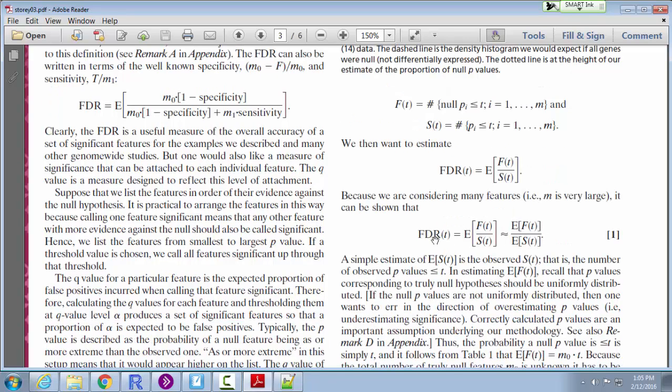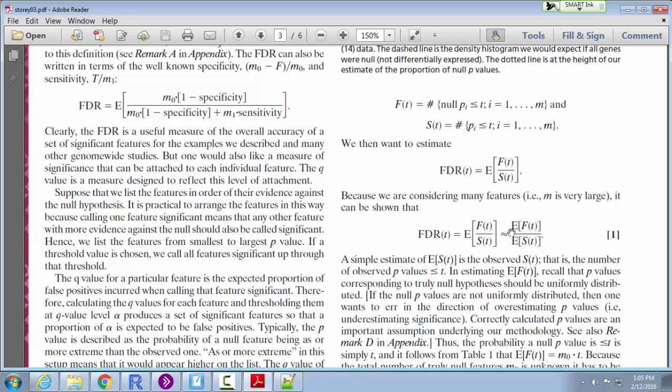Here's how we're going to do it. You tell me the p-value threshold you're going to use. Do 2 sample t-tests, get the p-values, and let's use a p-value threshold of 0.05. That's what this T is. The FDR is a function of the threshold you use, because if you use a more stringent threshold, you're going to have a lower FDR. So the FDR as a function of T, we can estimate it.